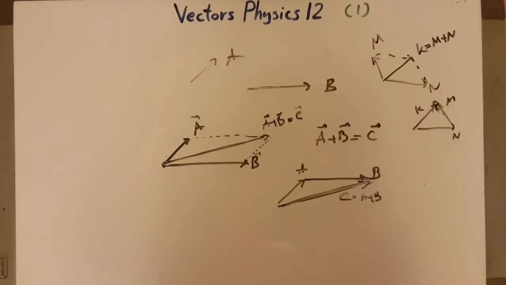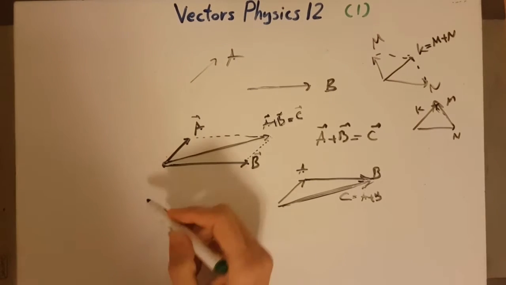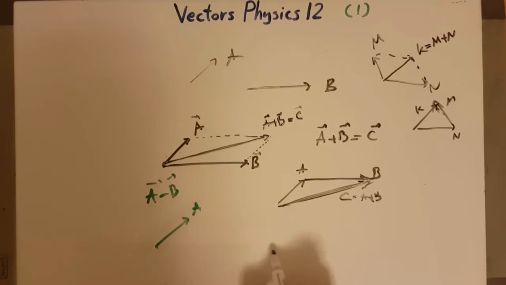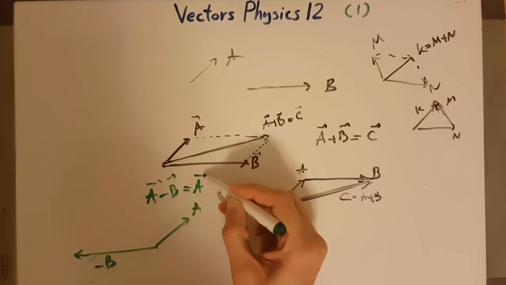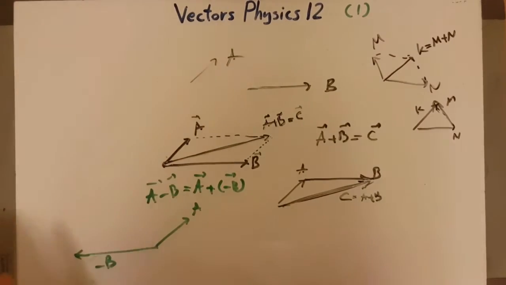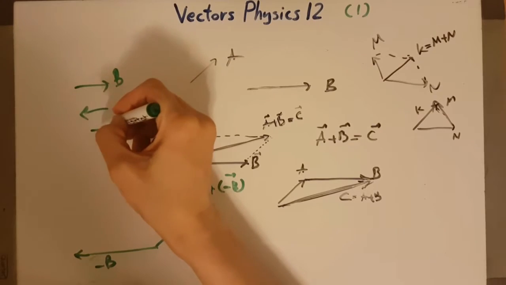And something very simple: let's find A minus B. Of course, this would be A, and instead of drawing B from here, you draw minus B. So A minus B equals A plus minus B. And of course, you know this is minus B, because if this is B, definitely this is minus B, right?